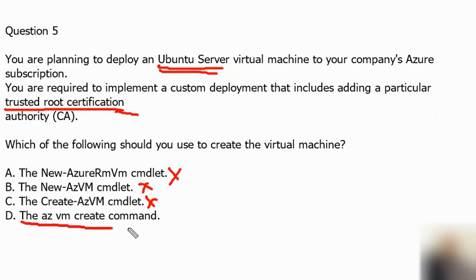So we are left with the fourth one, the CLI command. In this we can include one YML file, and using that file we can create a virtual machine as well as the trusted root certificate. So option D is our answer.